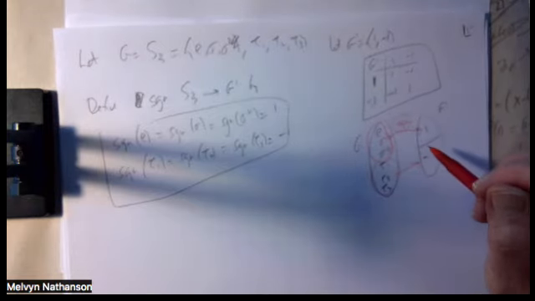This is my function. So every permutation is mapped to either plus 1 or minus 1. And these three go to 1, and these three go to -1.